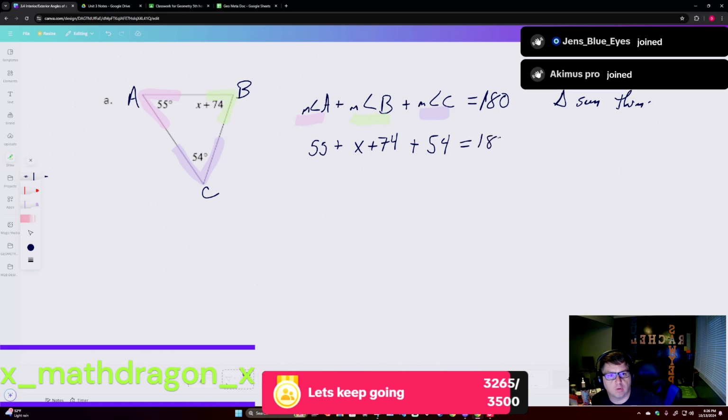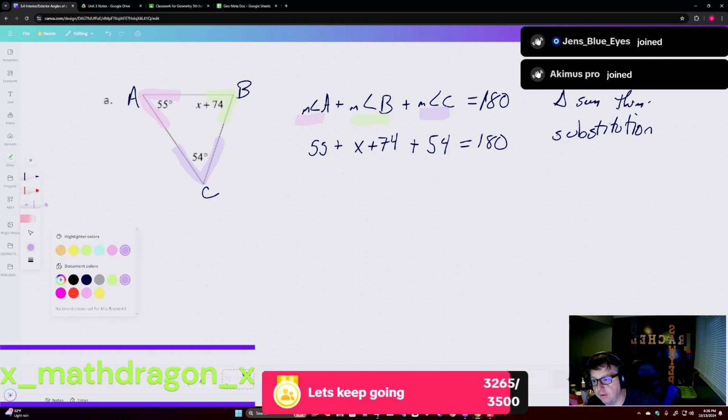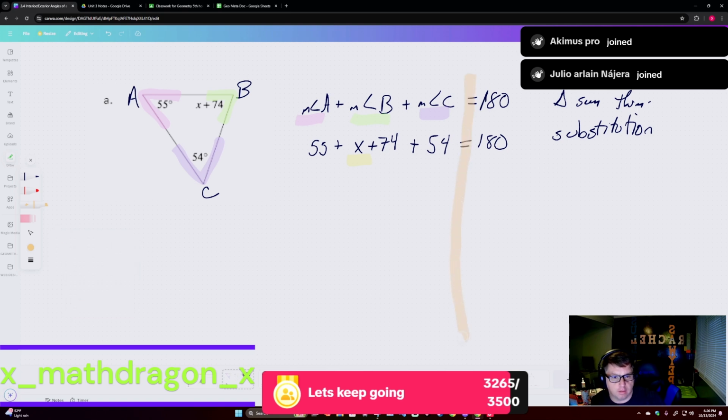And that's all going to add together to equal 180. And we call that substitution because we're substituting our values in for our angles. All right, well, now that we have that done, we want to solve for our variable. So we're going to underline our variable, draw a line down the middle of the equal sign, okay?